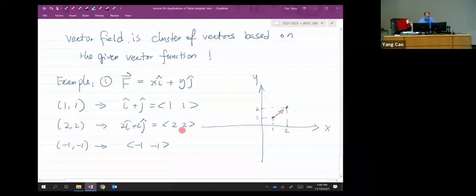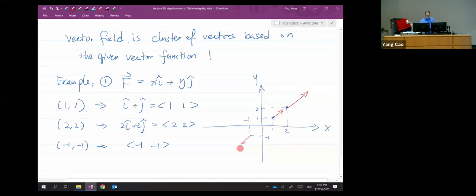But of course, 2, 2 and 1, 1 point in the same direction. So you need to draw a little bit longer vector, attached to the 2, 2 location. And similarly, you can do exactly the same thing at the -1, -1 location, and then you get a vector pointing this way, right?